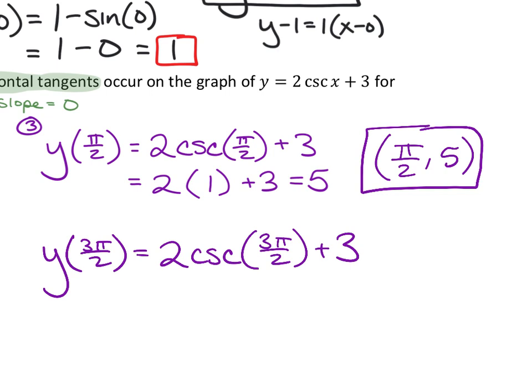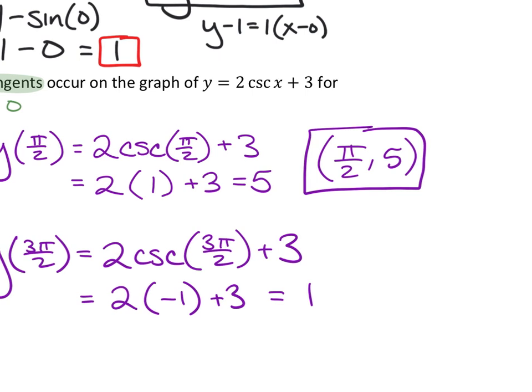What is the sine of 3 pi over 2? What's the reciprocal of negative 1? Negative 1. So this is 2 times negative 1 plus 3. And what is 2 times negative 1 plus 3? I think somebody said it: 1. Okay. So the coordinate point for this one is 3 pi over 2, comma 1.